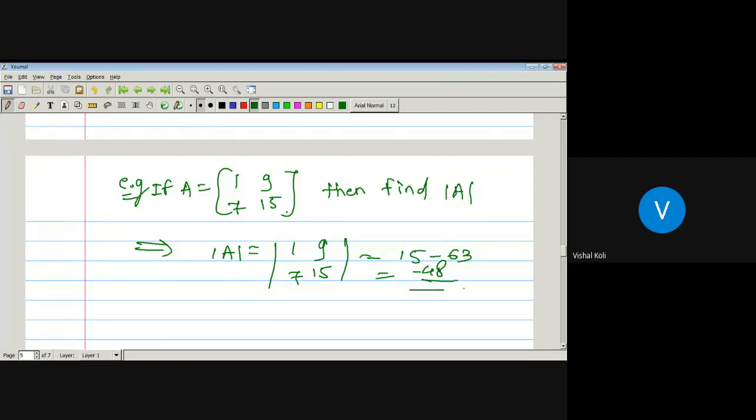So in this way we can find the determinant value of any square matrix.